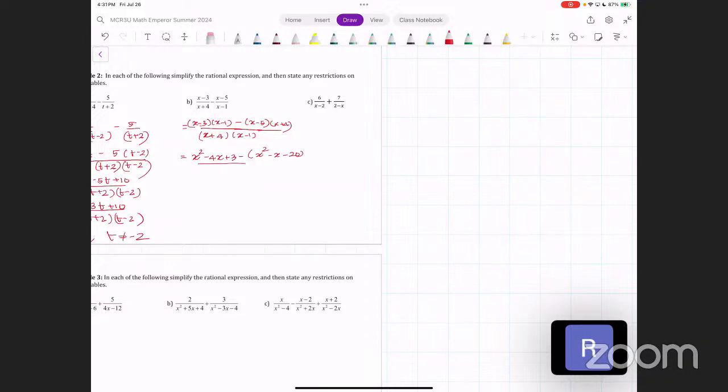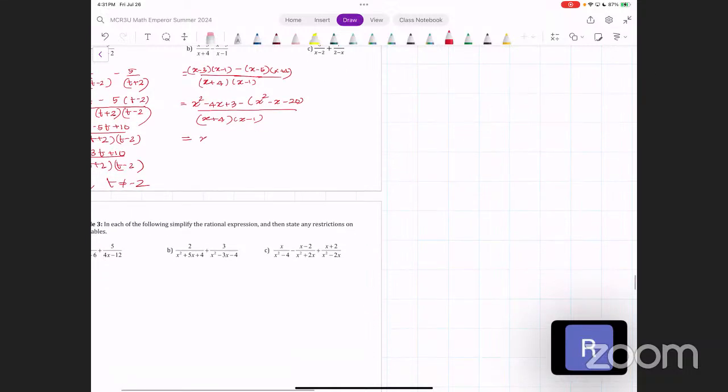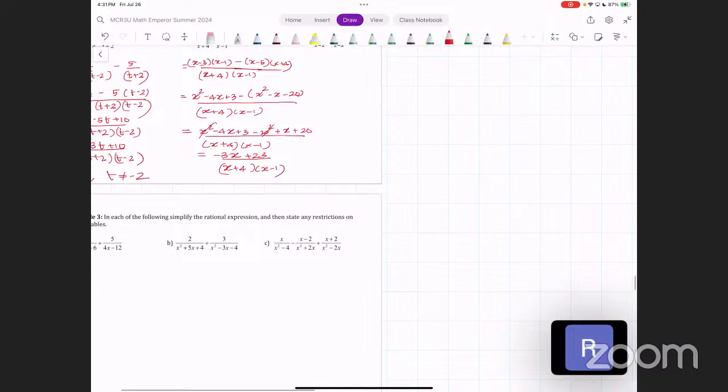So that's good. x squared minus 4x plus 3 minus x squared plus x plus 20. So x squared gone, minus 4x minus 3x plus 23 over x plus 4 times x minus 1. Restriction applied: x cannot be minus 4, x cannot be 1. Are you just following that?